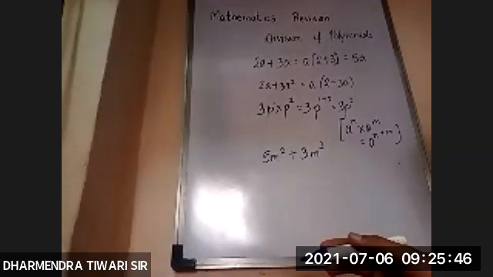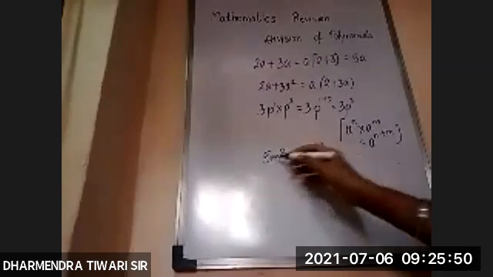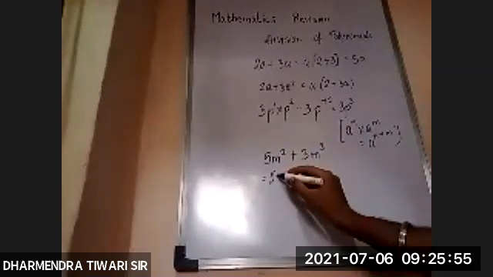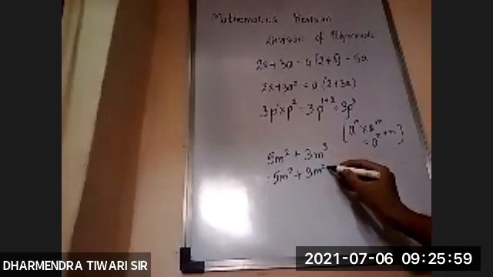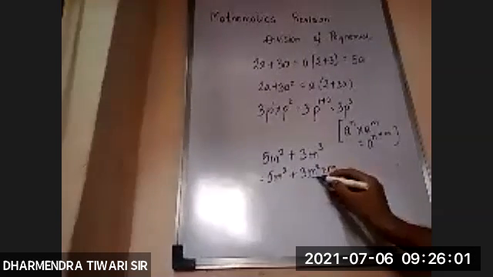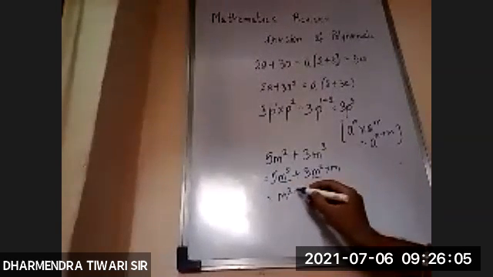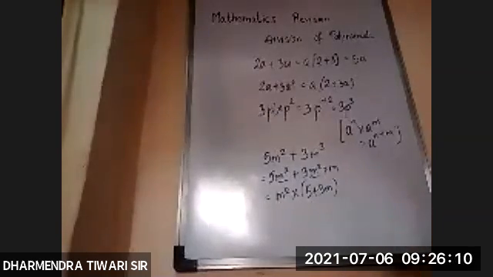The only thing you can do is take m square common. As you can see, the least power is m square, and it is present here as well. How? 5m square plus 3m square into m. We can see m square is common, so you can write m square outside into 5 plus 3m.